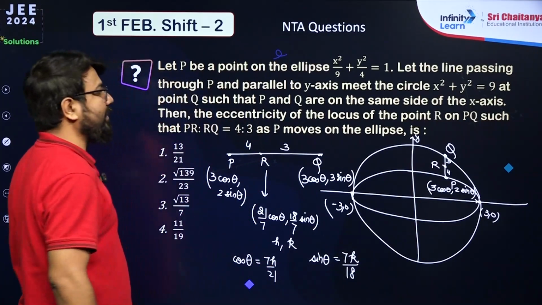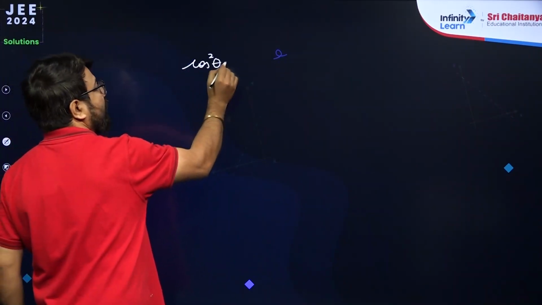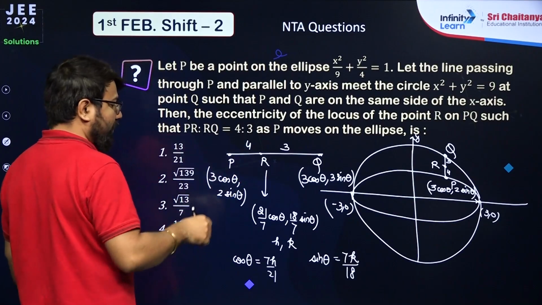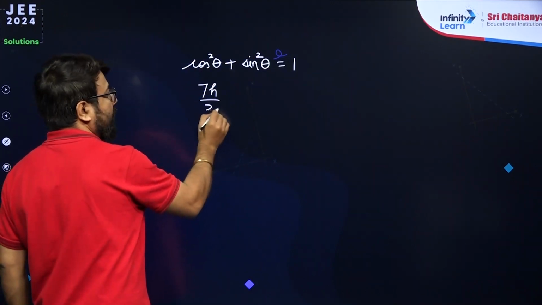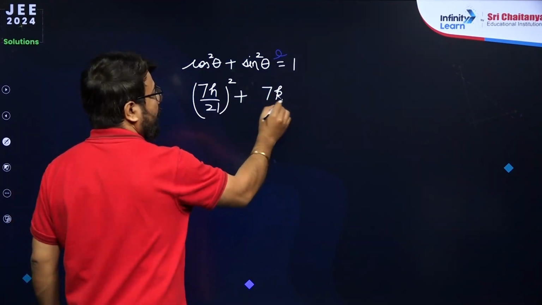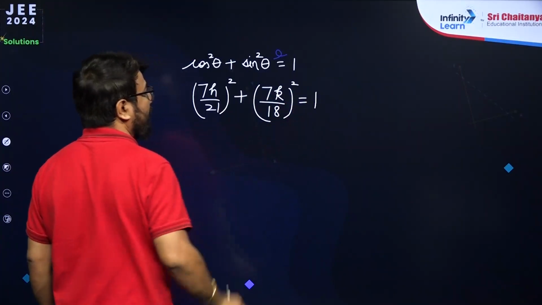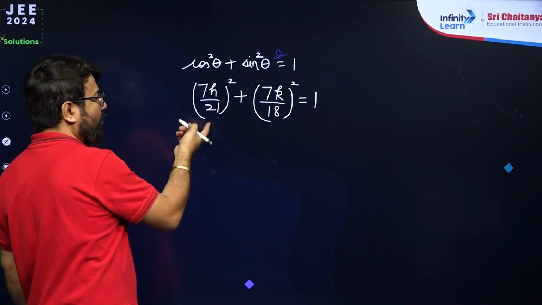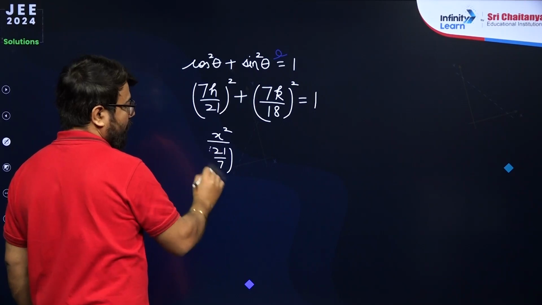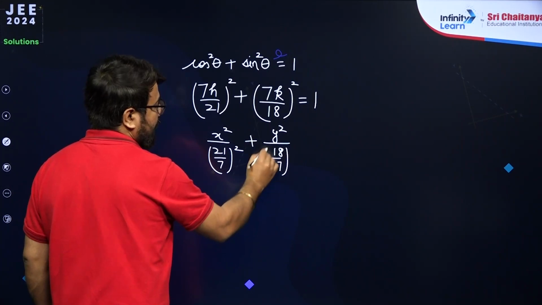Once we have the values of cos theta and sin theta, cos square plus sin square is equal to 1. So I can write cos square theta plus sin square theta is 1. The cos value is 7h over 21 and the sin value is 7k over 18, each whole square, and that is equal to 1. Alright, so the locus that we have obtained is x square over (21 by 7) whole square plus y square over (18 by 7) whole square is equal to 1.